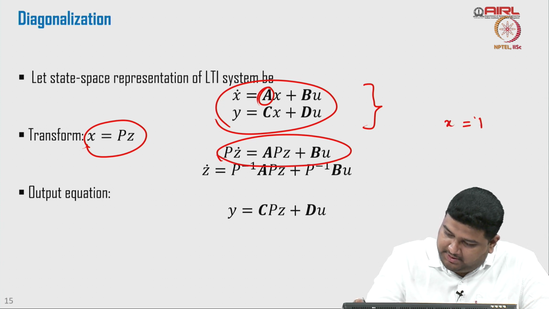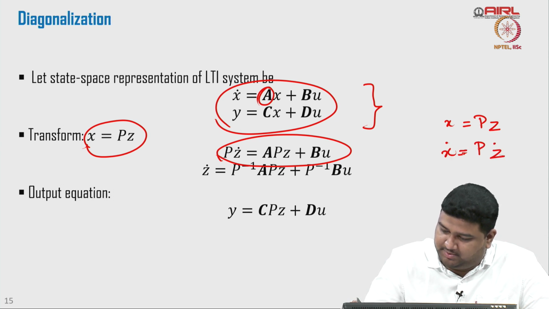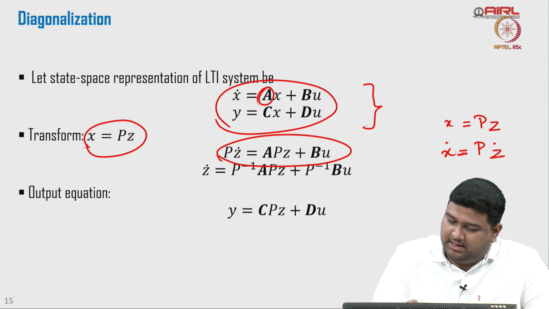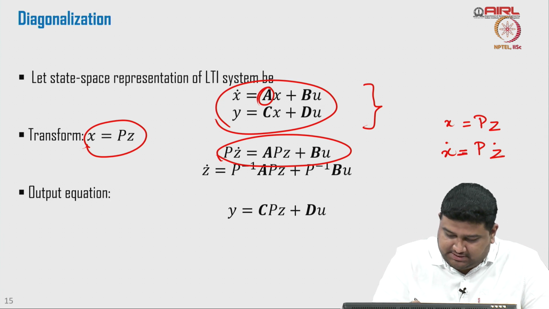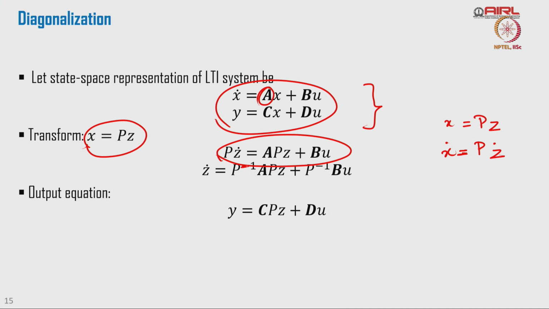x equals Pz, so x dot equals P z dot, because P is just a linear transformation. And if we pre-multiply the entire equation by P inverse, we will get z dot equals P inverse AP z plus P inverse BU.